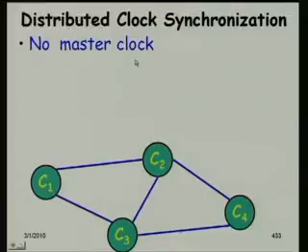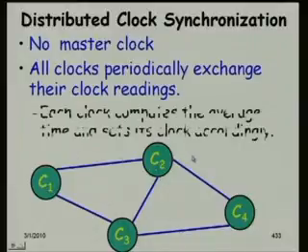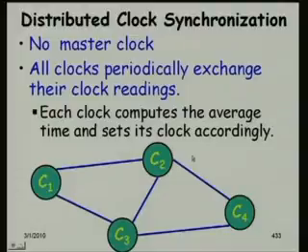So, here as we were saying there is no master clock. And here all the clocks exchange their time values, and each clock computes the average of the time values and then sets its clock accordingly.